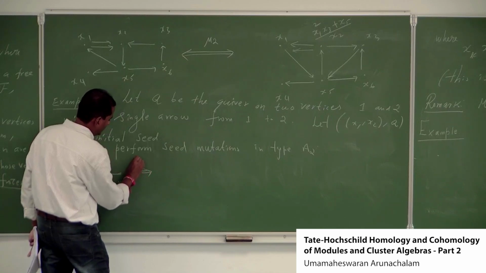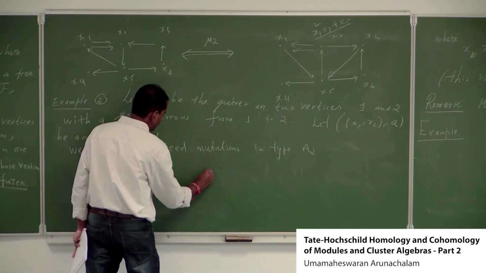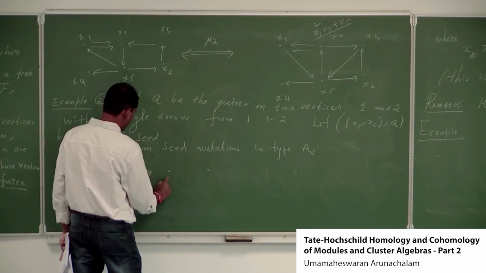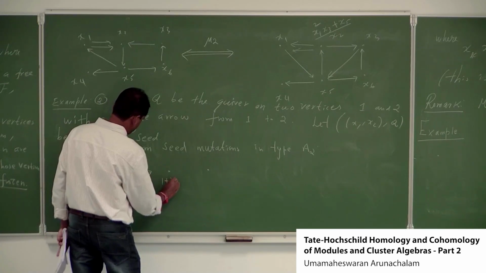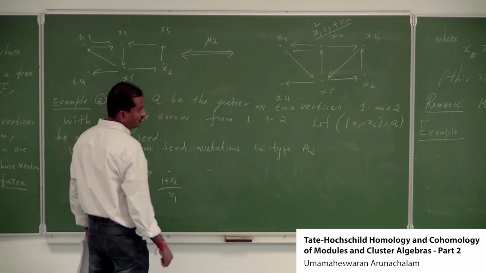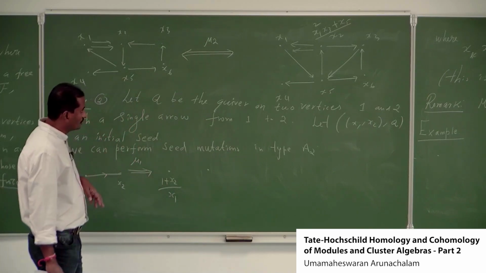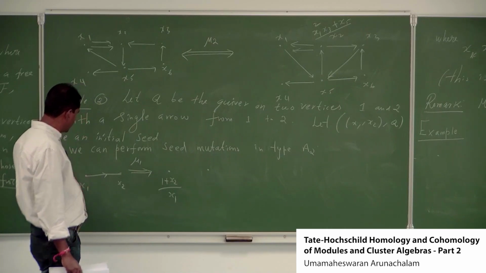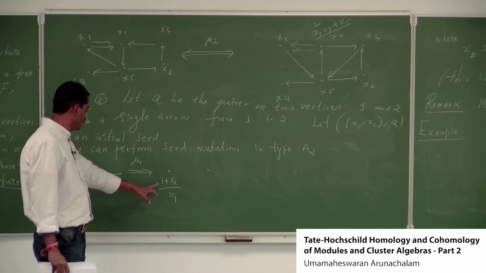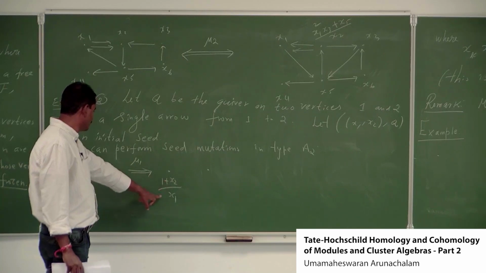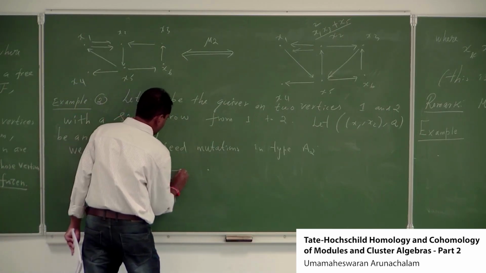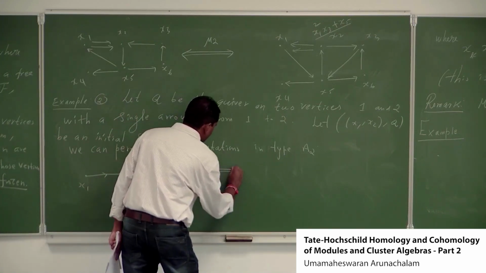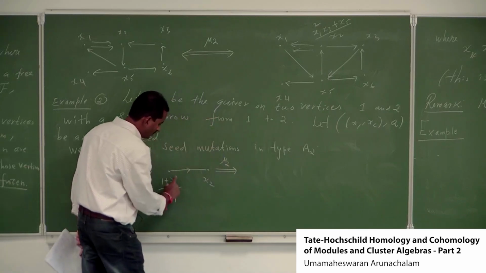For the first variable, 1 plus x2 divided by x1. Suppose there is nothing in the exchange relation, suppose the first one is empty, that means we take 1. For finding the new x1 dash we use this condition, 1 plus x2 divided by x1, while x2 is the same. This is mu1.